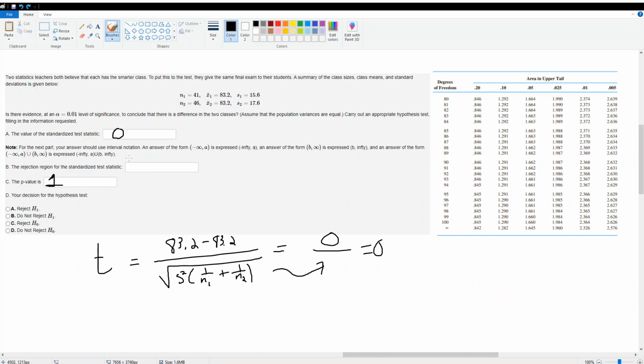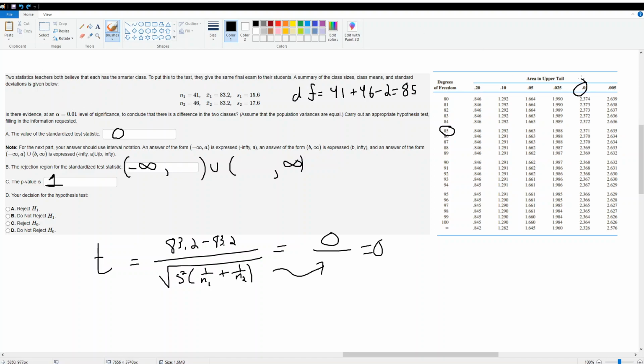Now our rejection region, because it is two-tailed, we know that we're going to have some sort of union involving a negative infinity end and an upper infinity end. In this case, we now need to compute our degrees of freedom. Our pooled degrees of freedom is equal to 41 plus 46 minus 2, so 85. In this case, we have 85 degrees of freedom, but our value of alpha is 0.01.